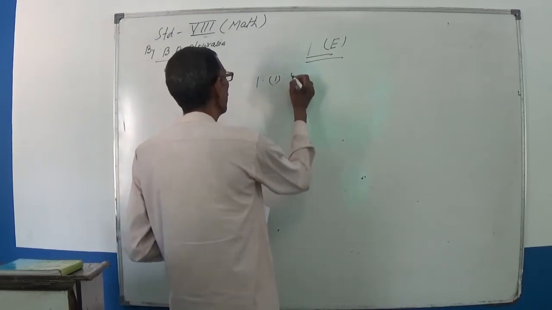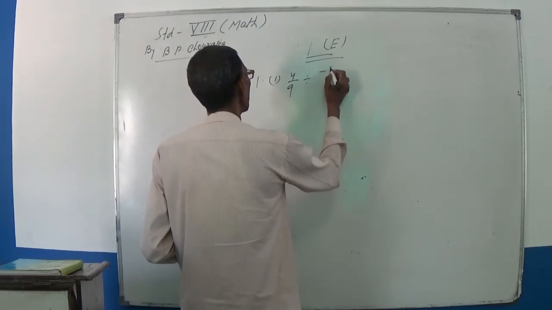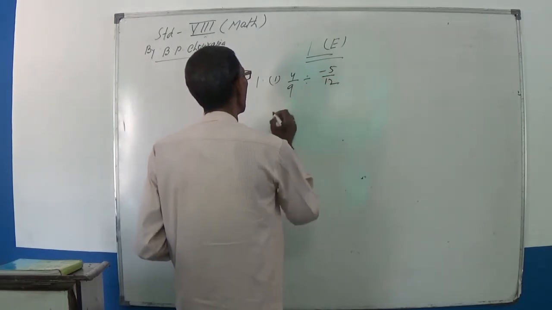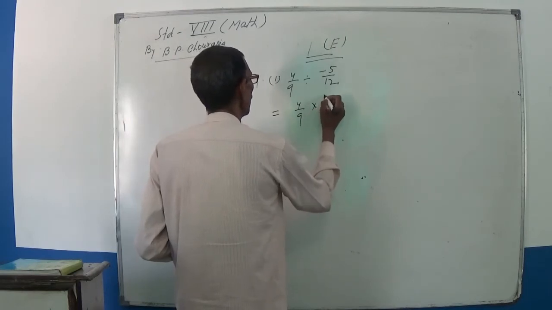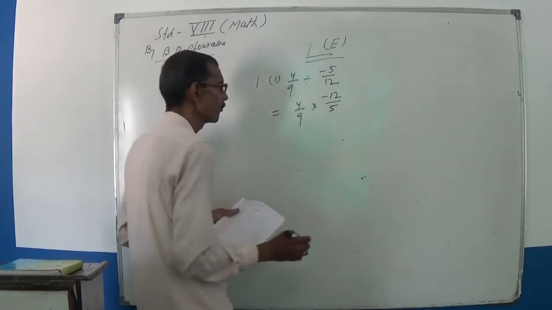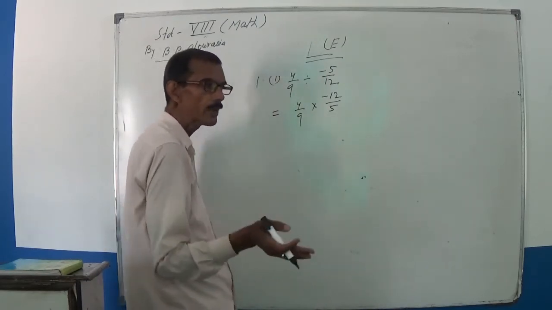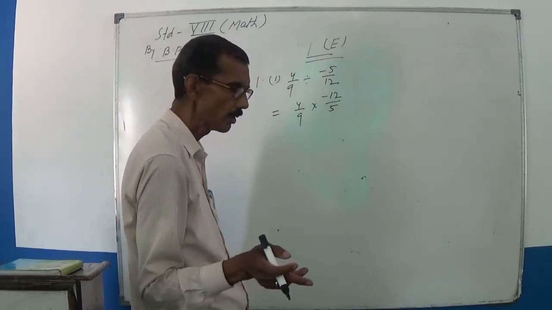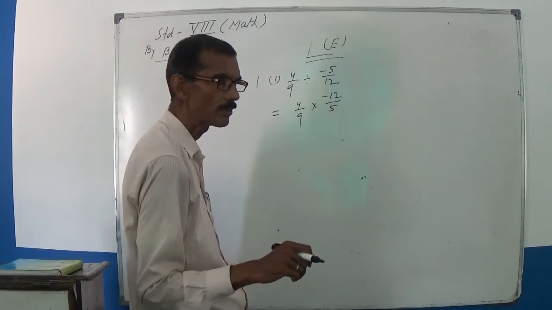Simplify 4 by 9 divided by minus 5 by 12, which is equal to 4 by 9 into minus 12 by 5. And you know that if either the numerator or the denominator is negative, the whole rational number is negative.